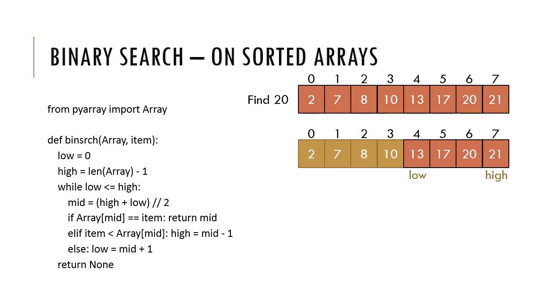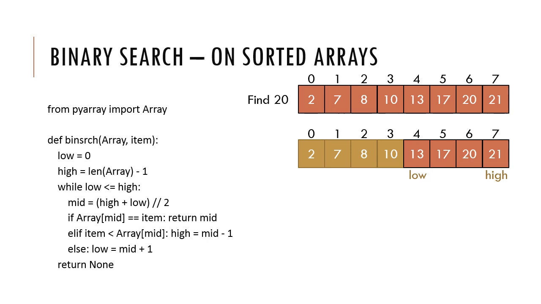What has just happened? We realized that the item we are looking for is greater than the item at mid. So this means that the item we are looking for must be on the right side of mid. So now our focus has shifted to elements on the right side of mid.